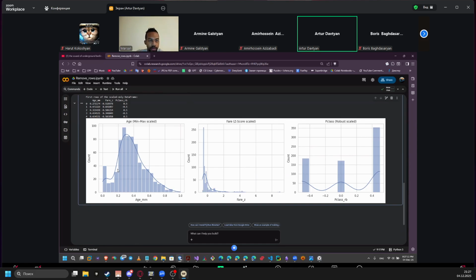But if it's three versions in the same graph, how will we connect them? Yes, they will be in the same graph, but we won't really be able to connect them because they're not the same distributions.